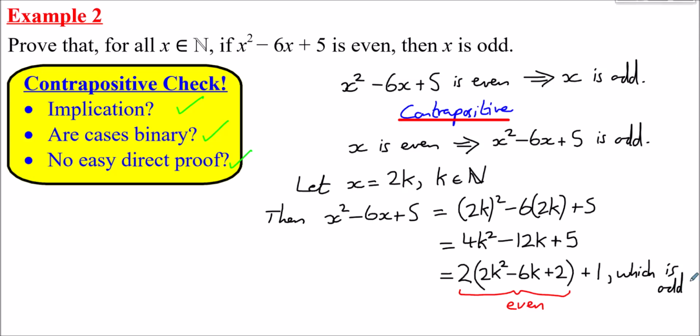Now we just write closing statements. We've done the hard work. So therefore, we've shown if x is even, then indeed x squared minus 6x plus 5 is odd.